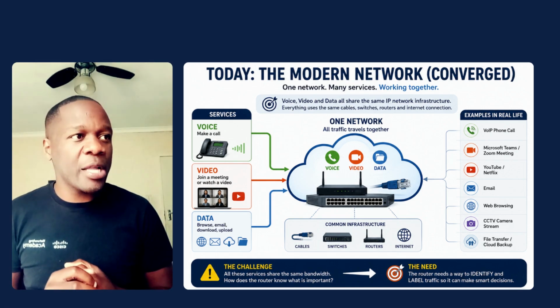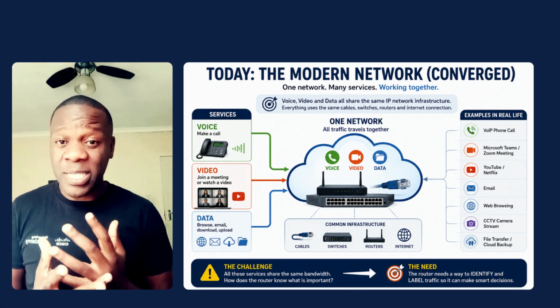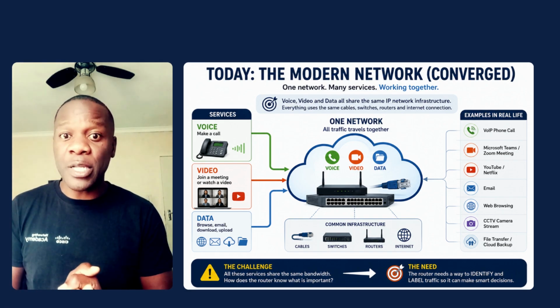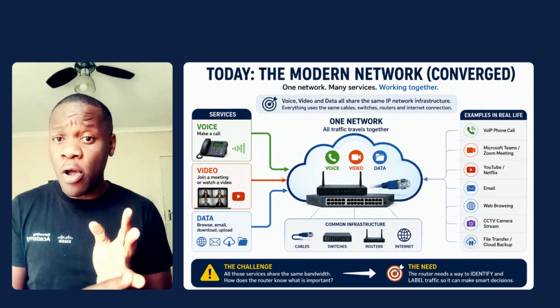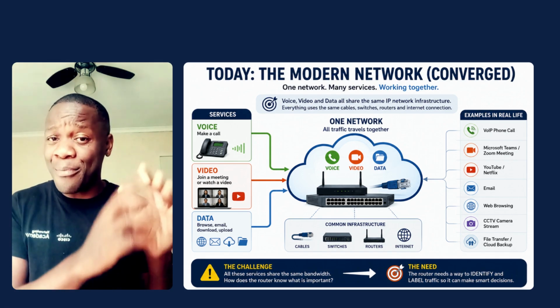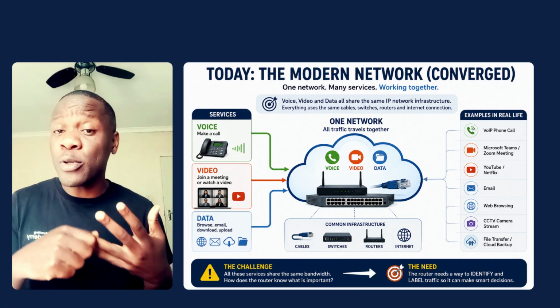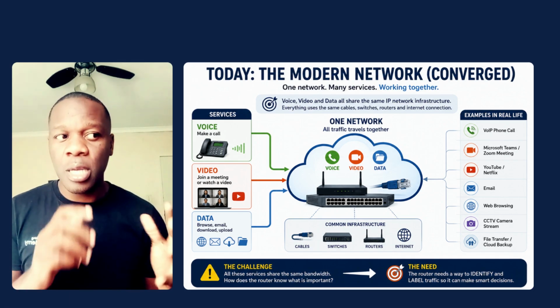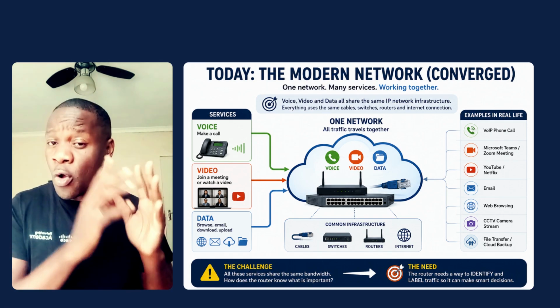But you can imagine that obviously this becomes risky because everything is running on the same network. So in today's network, we can run our voice, our video, and our data on the same infrastructure. Okay, what does this do? It makes sure that we are able to save massive costs in terms of the engineers, the skill set, all of that. Okay, it would go down.